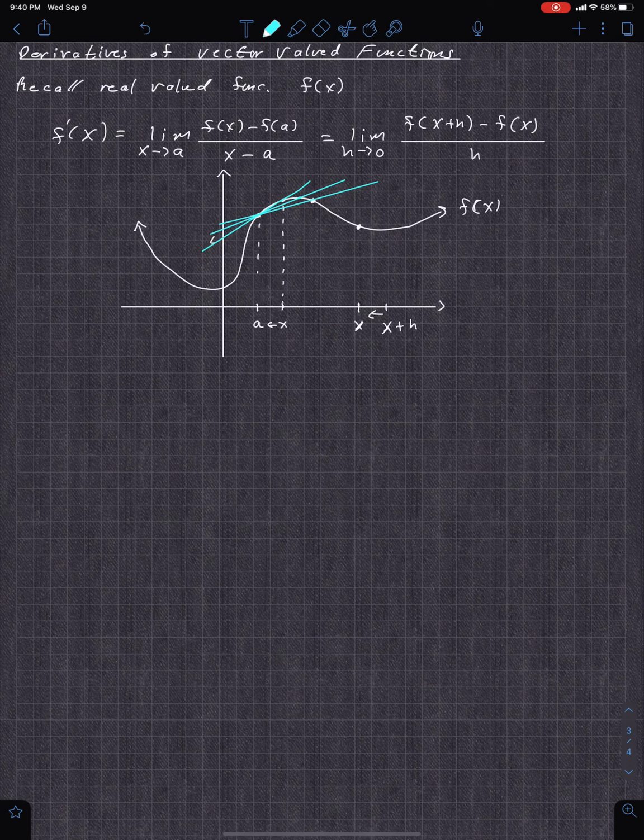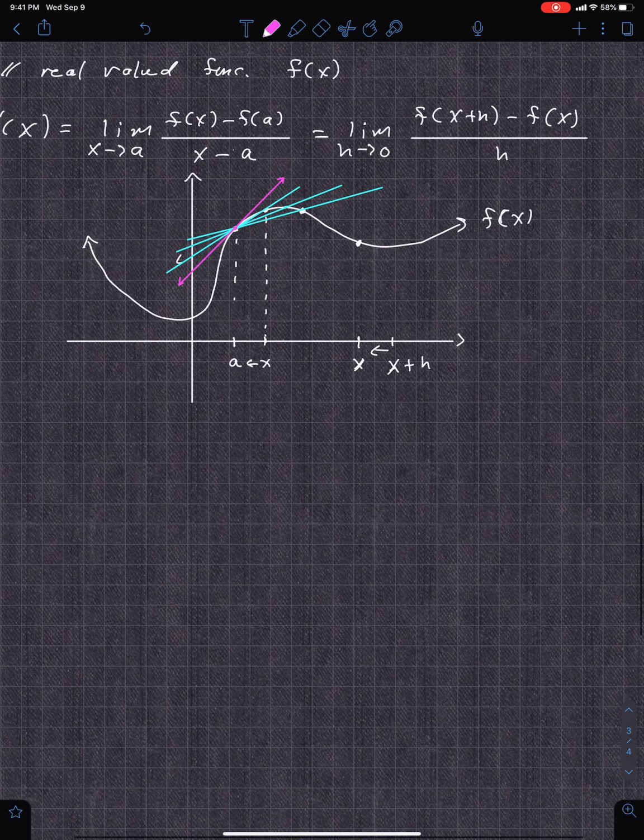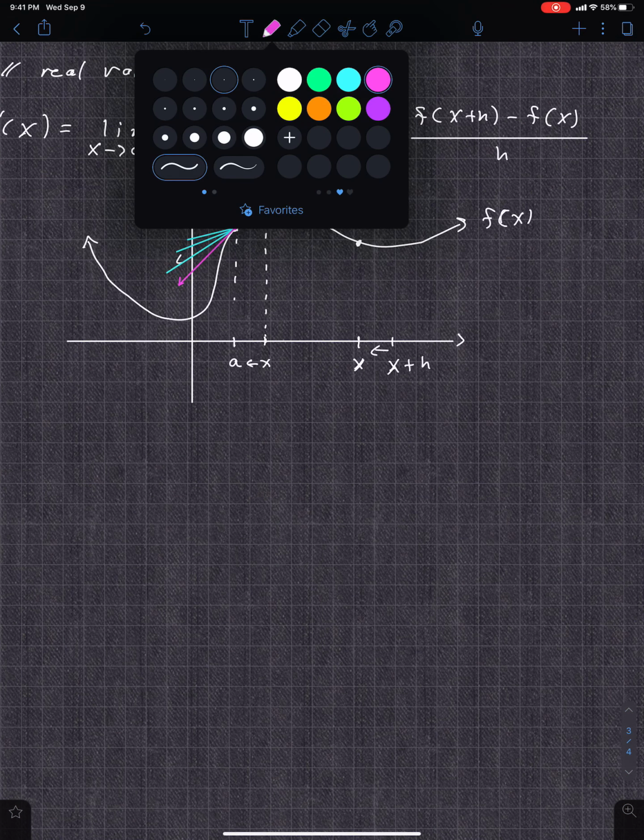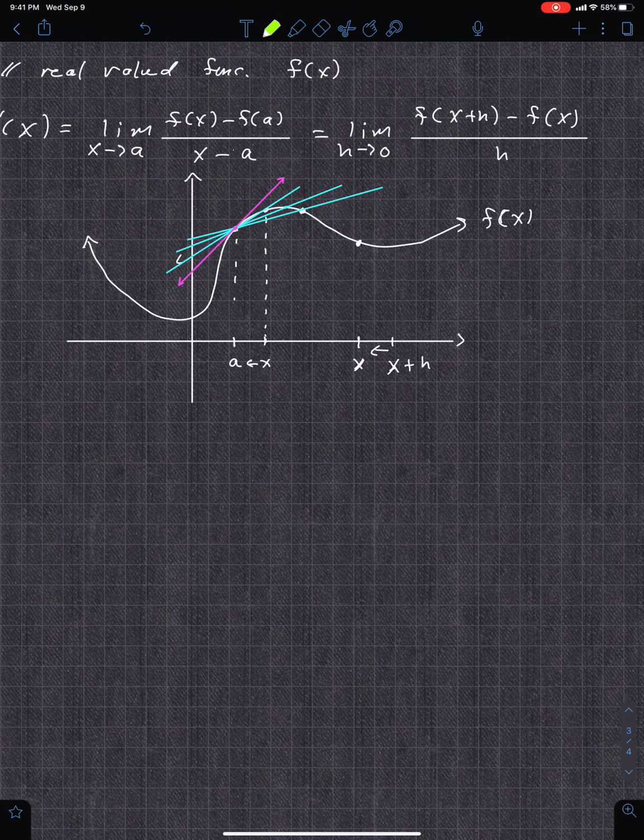We all know that. And this is the other way of looking at it: as h approaches 0, you have basically your x plus a little bit, and that's getting closer and closer to your value. So first you have these secant lines and the slopes of those secant lines, and eventually you end up with that tangent line.